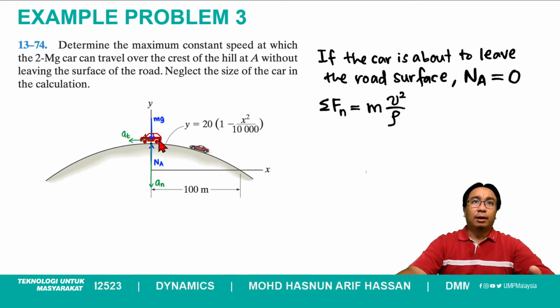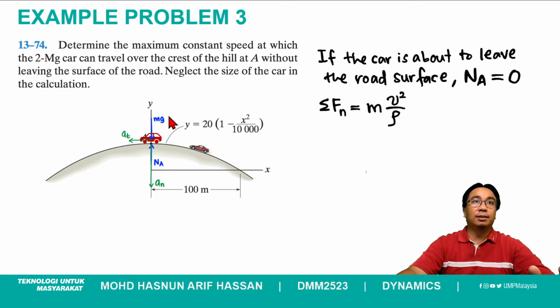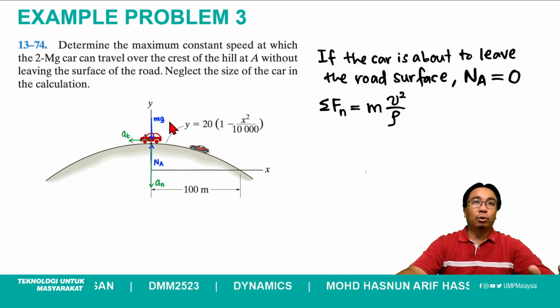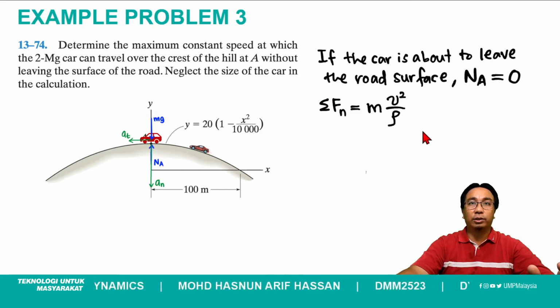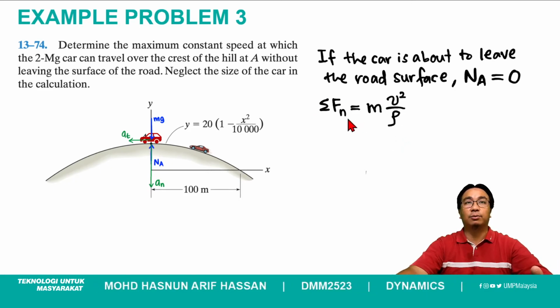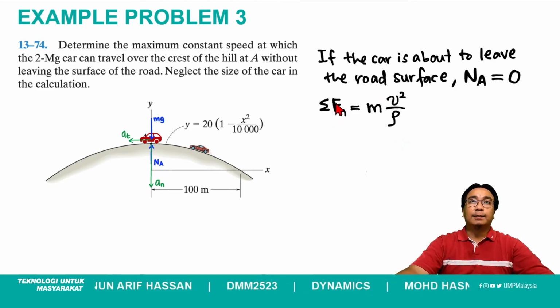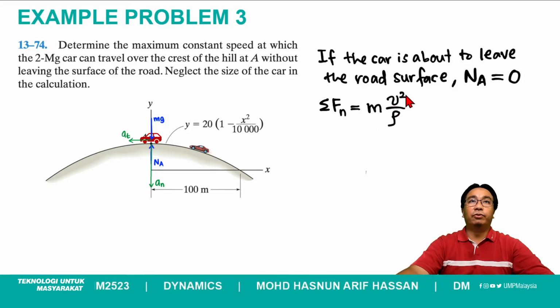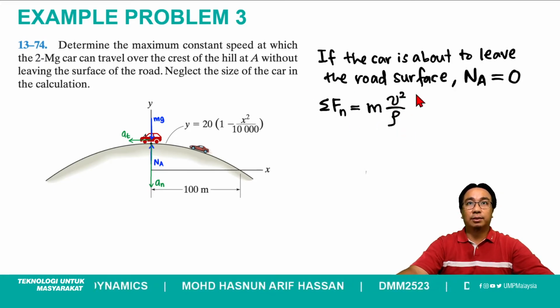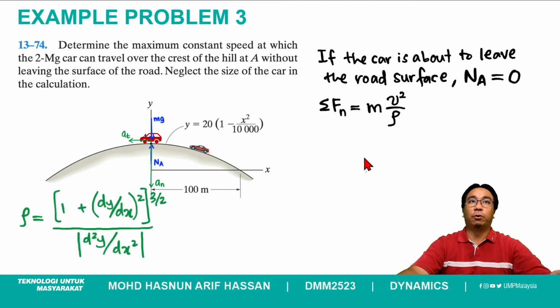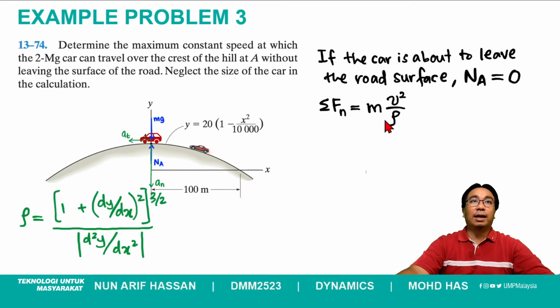Okay, now let's look at the axes where we have all the forces here. We have the forces in the normal component, normal axis. So we are going to focus on the normal axis only. The total force in the normal axis is equal to mv square over rho. This is what we have defined before. And rho is unknown, it's not given.